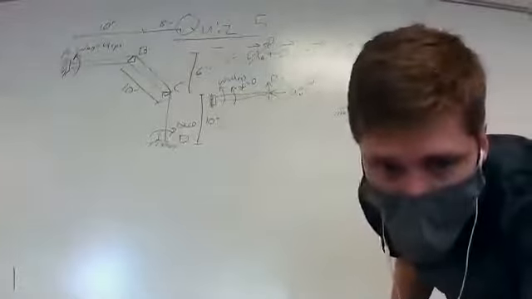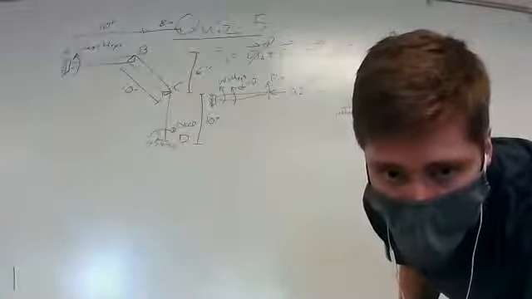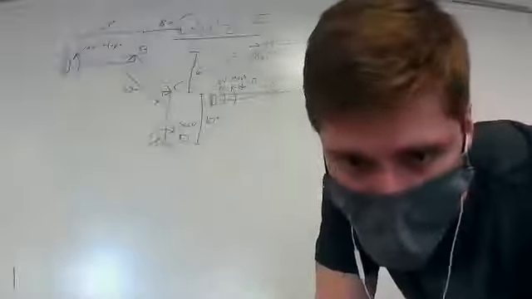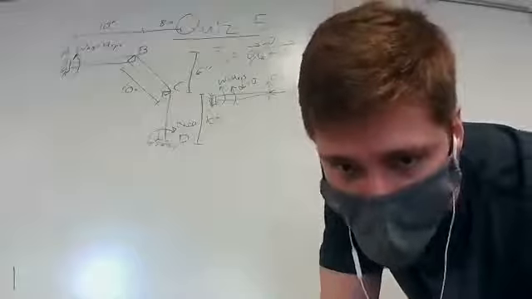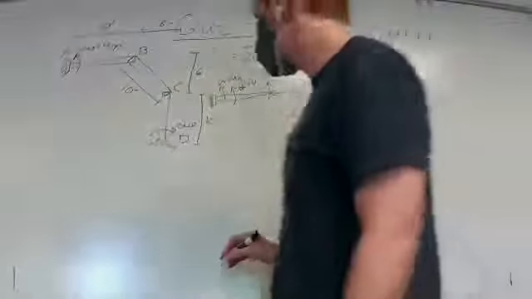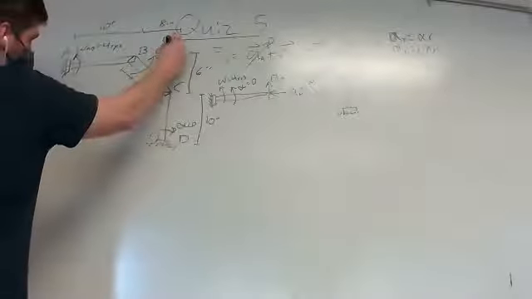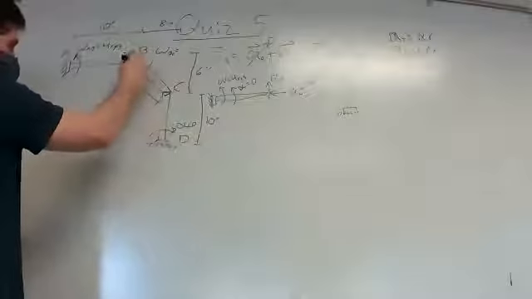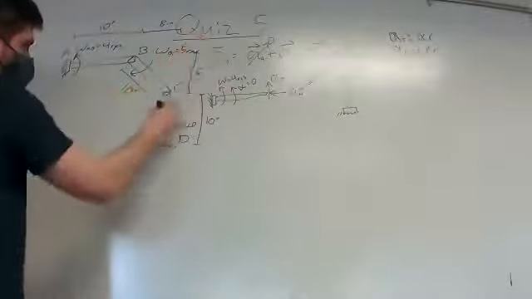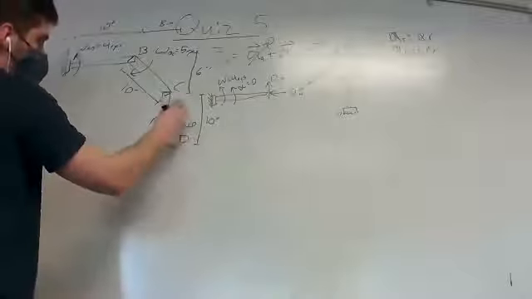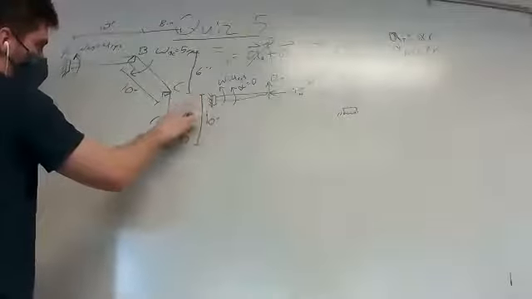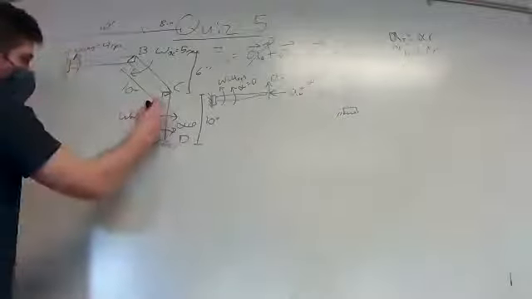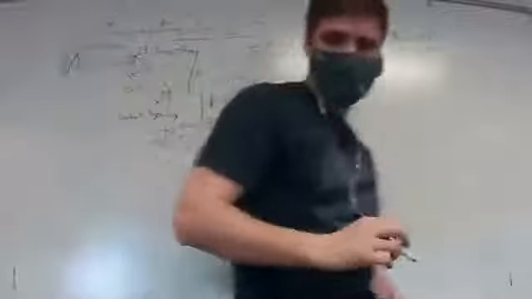So raffle stick like this, point being D, and here we have C. They tell us omega is equal to 3 RPS. So this is all given.